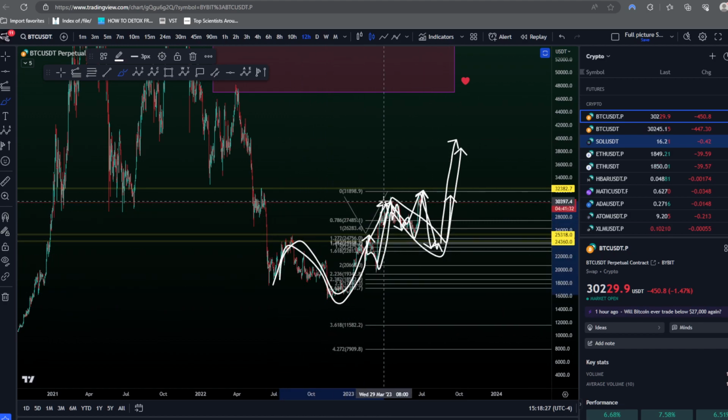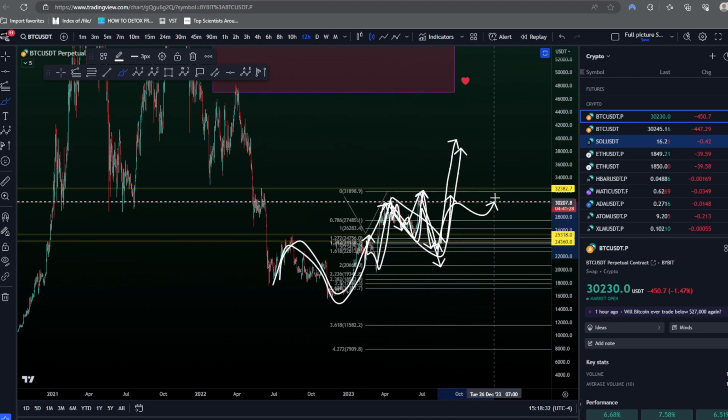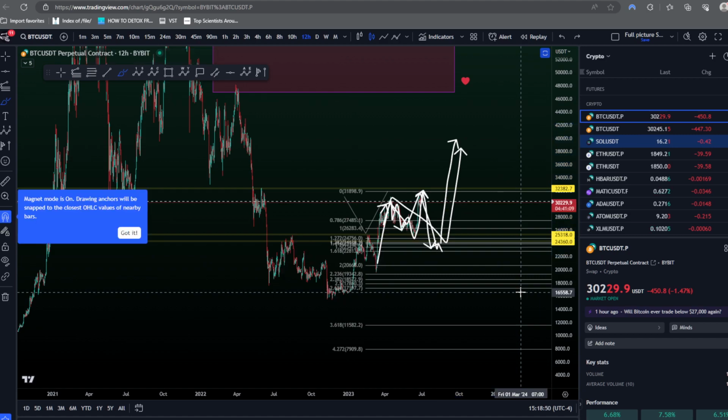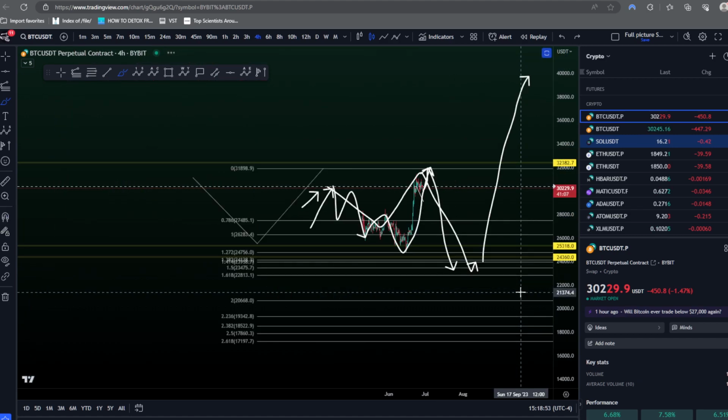Or you have 1, 2, 3. It's gonna bring us into 2024 and then dump. I don't know. It's a possibility. It could happen. It could happen.